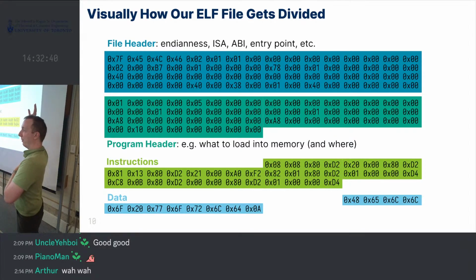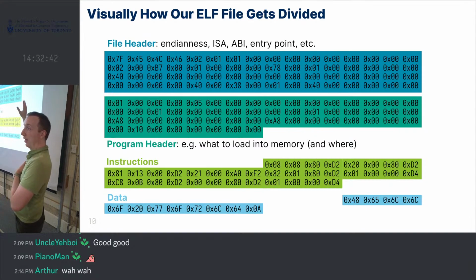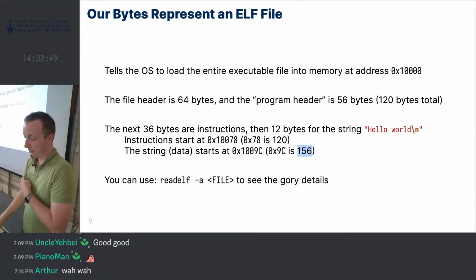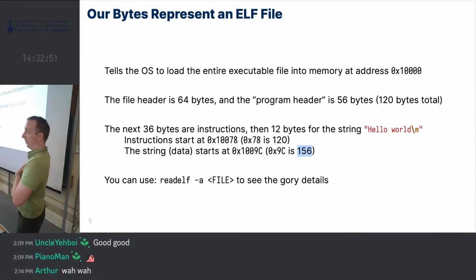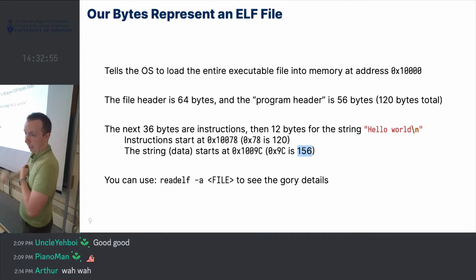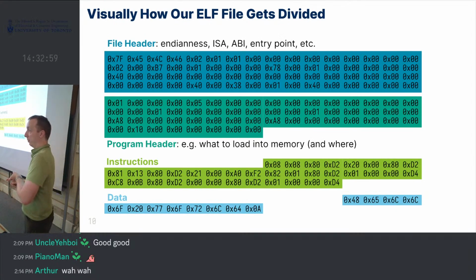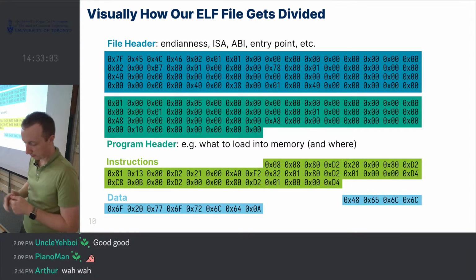In that header, the entry point means where to start execution if I want to start executing this process. So in this case, if I want to start executing at the beginning of my instructions, I should set my entry point to address 10,078. And that's how the operating system knows where to start executing your program. It's in that header.